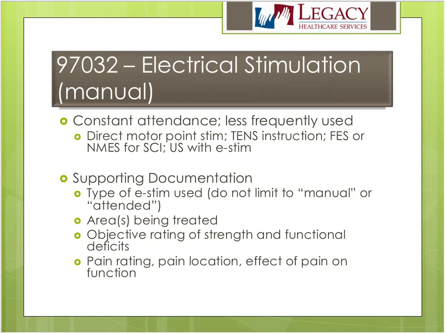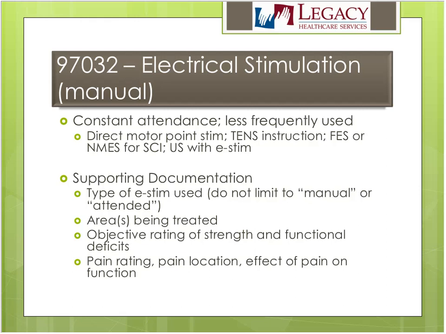So for this one, if you are providing e-stim to direct motor points, if you're doing instruction in the TENS unit, or if you're using the e-stim to facilitate movement that you couldn't otherwise get during an activity, 97032 would be the code that you use.